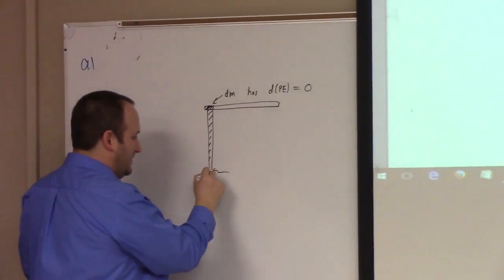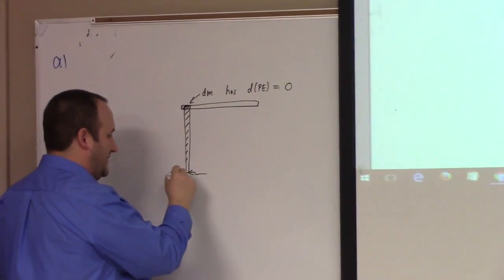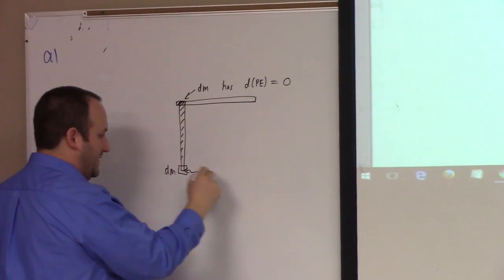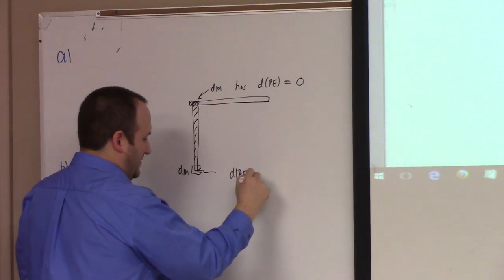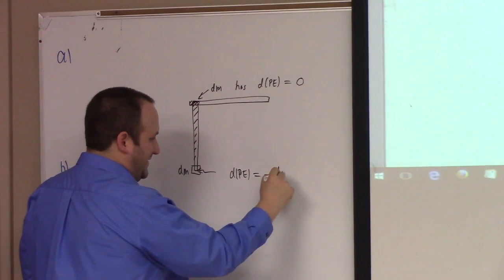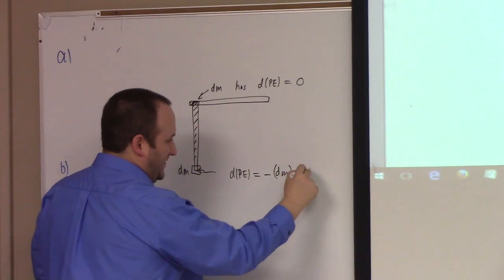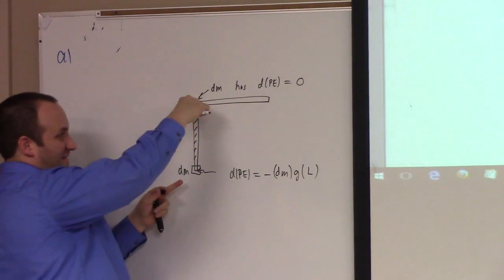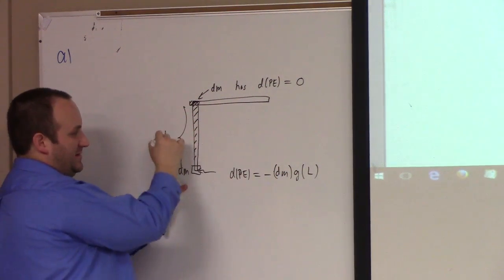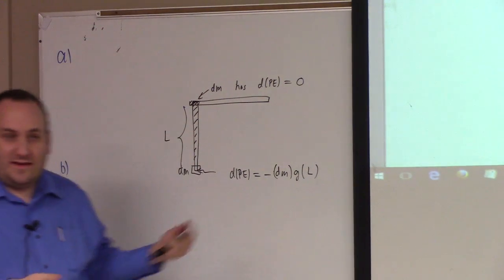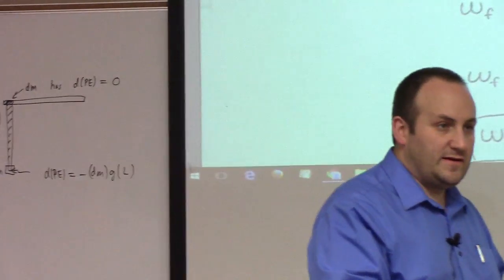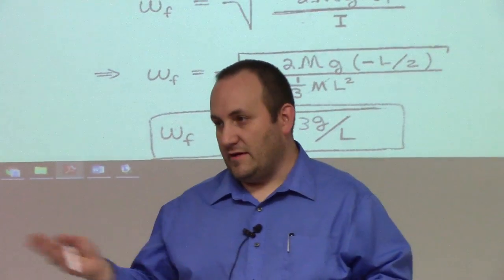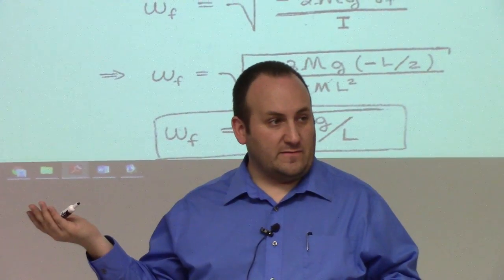Whereas down here, you have what? If this is dm, this dm has the little bit of potential energy, what? Minus dm, that's the mass of it, g times L. Because this is distance L, right? And it's complicated. Like, the further down you are, the more negative potential energy your little bit of mass has, right? So if you wanted to think about that bit by bit, you do an integration, right?